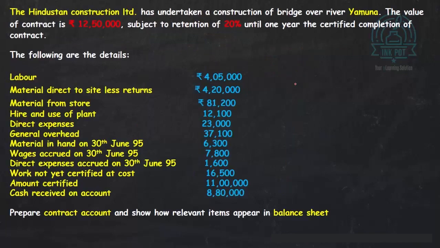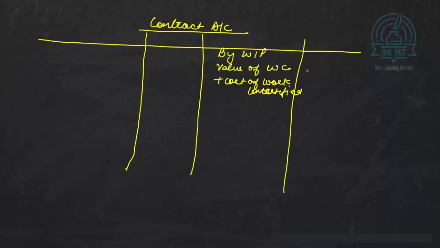It is 11 lakh, and the cost of work uncertified is 16,500. Now write down all the expenses.